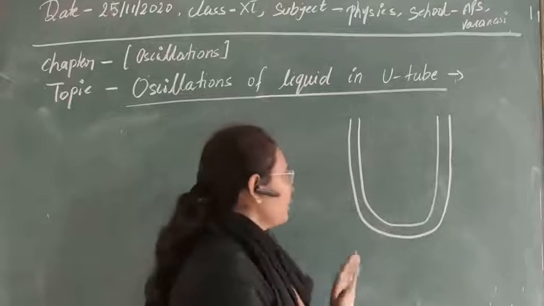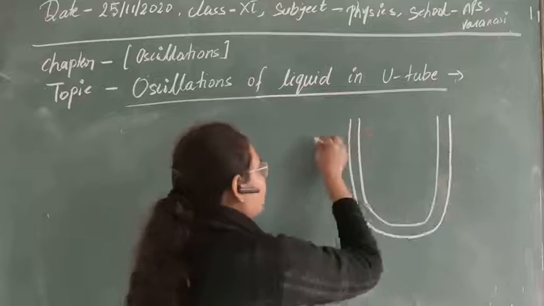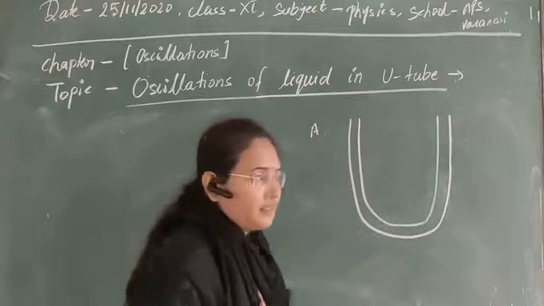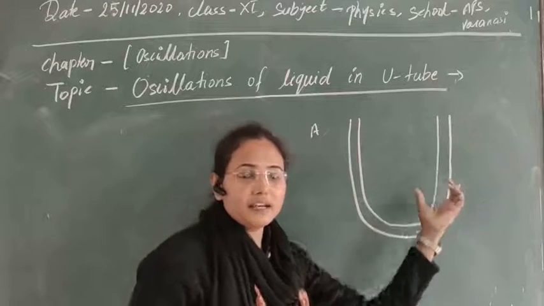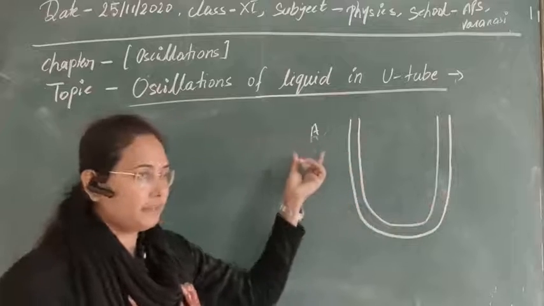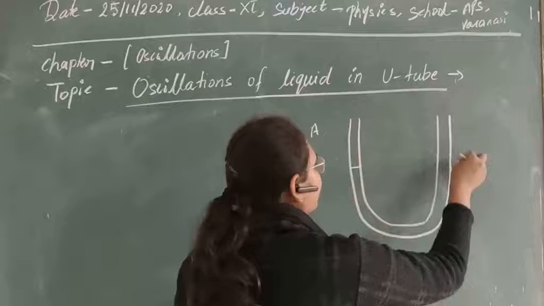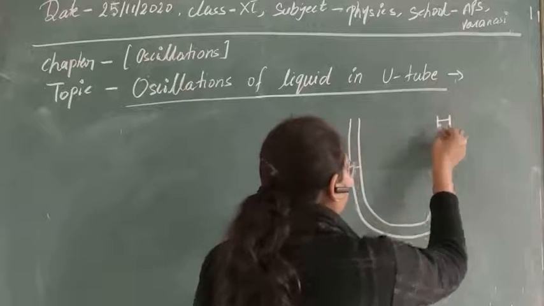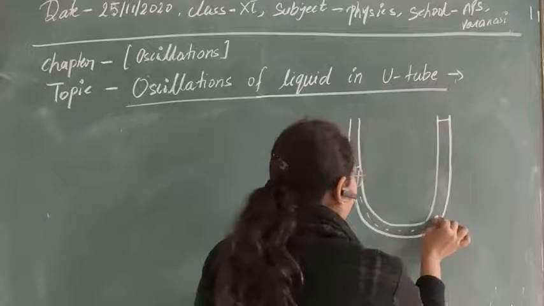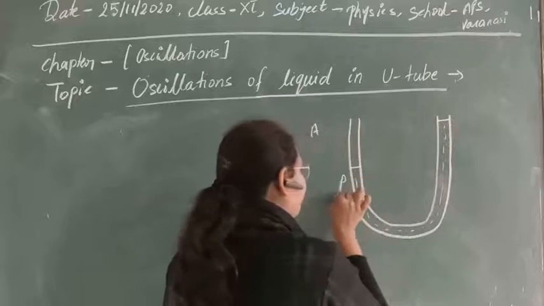Clear? So suppose this is the U-tube of cross-sectional area A. As its cross-sectional area is constant, we can take it as A. Suppose the liquid filled in it has density rho.